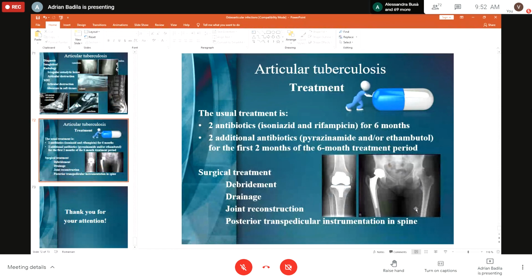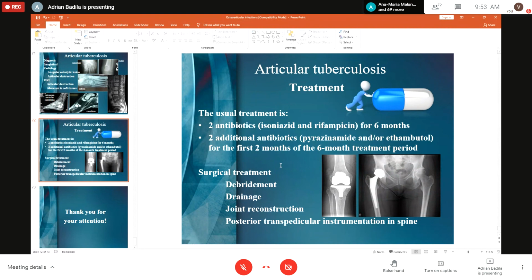The treatment. The usual treatment is antibiotherapy, with two antibiotics, which are isoniazid and rifampicin for 6 months, and two additional antibiotics, usually pyrazinamide and or ethambutol, for the first 2 months of the 6 months treatment period.